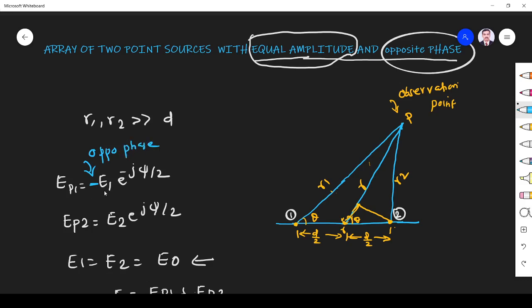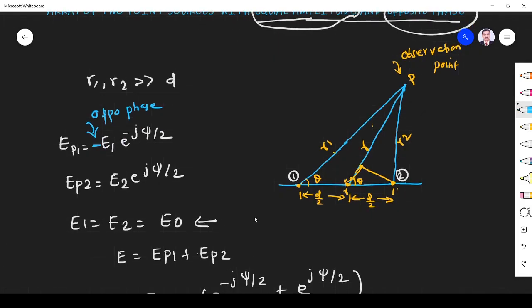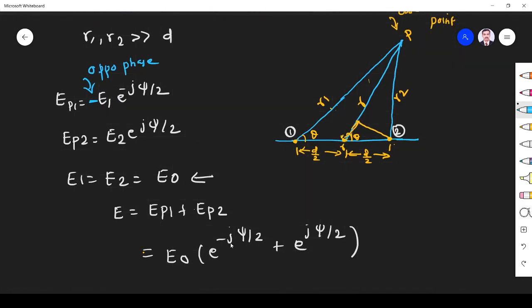Opposite phase will give minus. If I feed one antenna with a current of phase 0, I can feed the other with a current of phase 180 degrees. So it is minus. So I put the minus sign here, and we make appropriate changes. It is a simple thing we have to do.